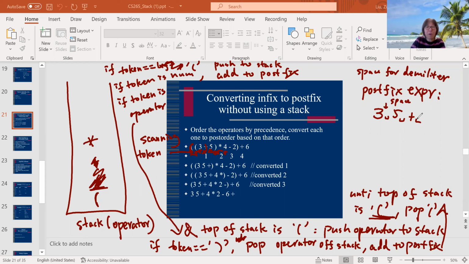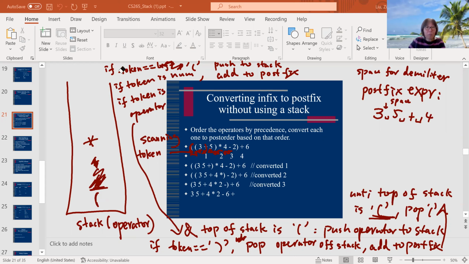If it's a number, you need to add it to postfix. The next one is a minus sign, a subtraction operator, and the top of the stack is also an operator, not a left parenthesis. So this case is a little bit complicated.